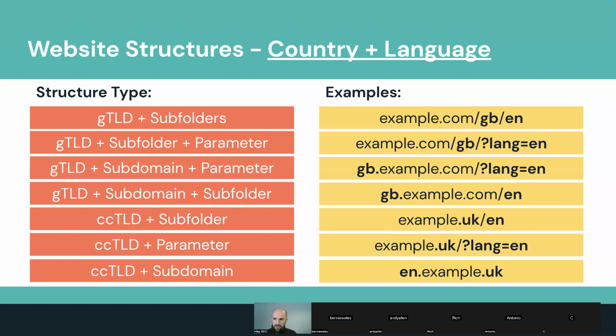And again, the question is, which one do you use? Again, it depends on your resources, if you can get more backlinks, it depends on how many sites you can manage and all of that. If you want to keep it simple, just do the subfolders. It's a lot easier because it keeps it on one domain, and you can just split everything there.